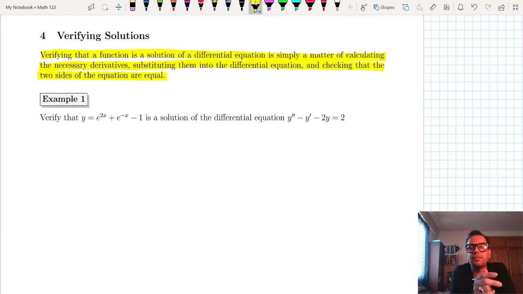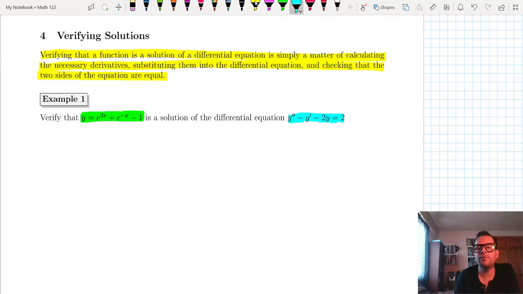Otherwise, it is not going to be a solution to the equation. As an example, they're giving us one function right here, and they're asking us whether this function is a solution to that differential equation.